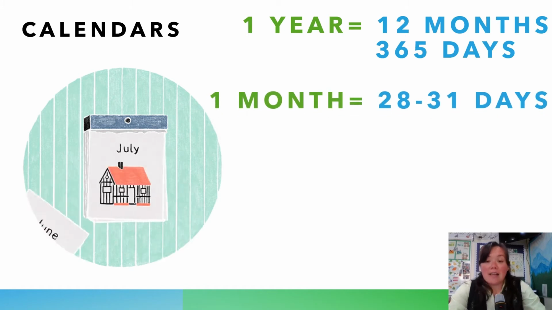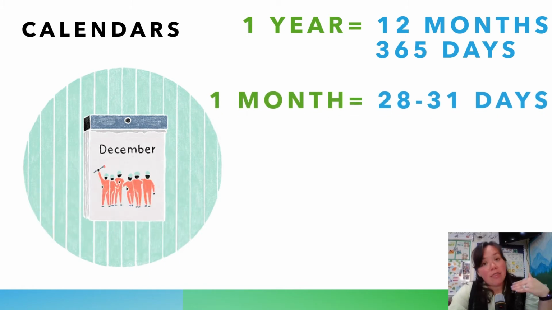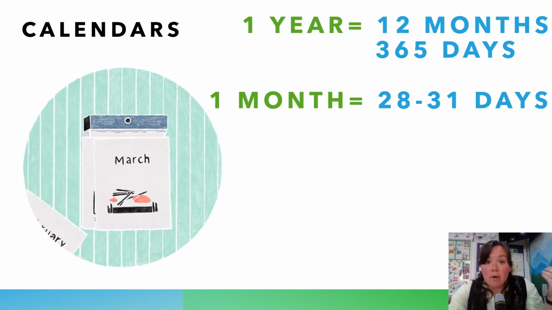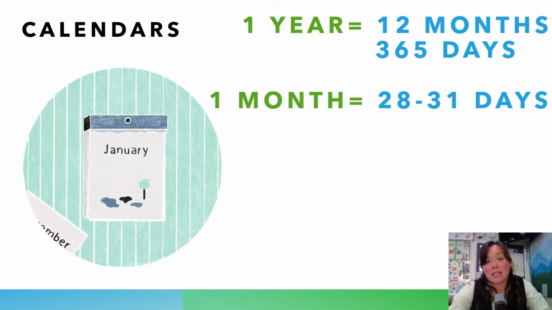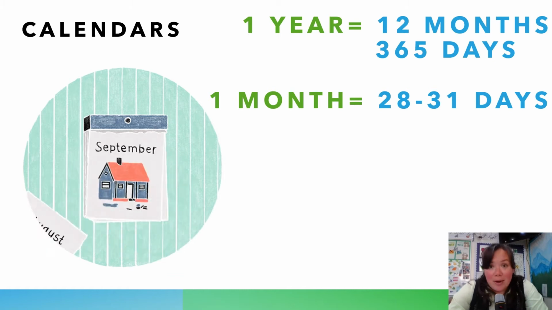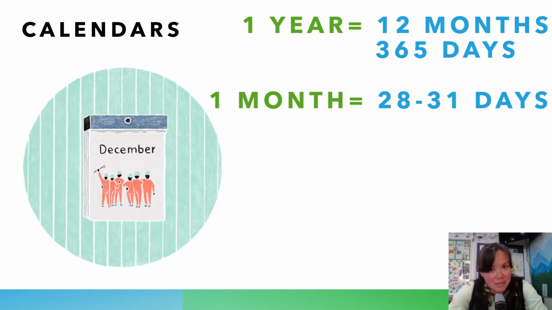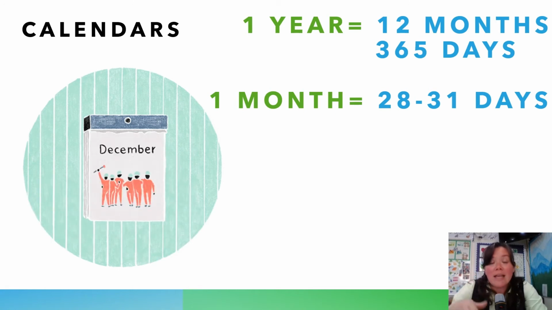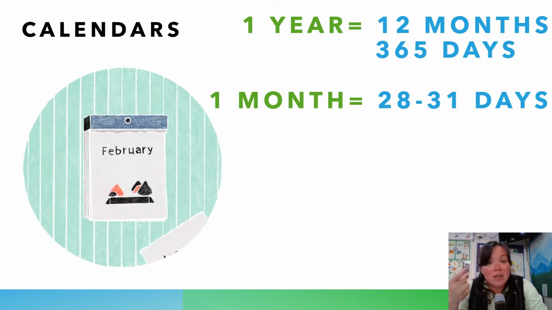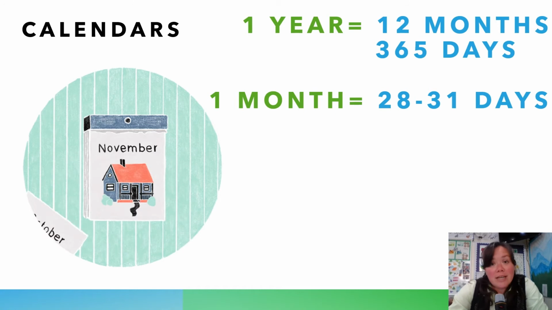Every month has between 28 and 31 days, with most of them having 30 and 31 days. The only month that has 28 is February, and on leap year, this year, it has 29, which adds that one extra day, gives us also the 366, adds one more day to our year.